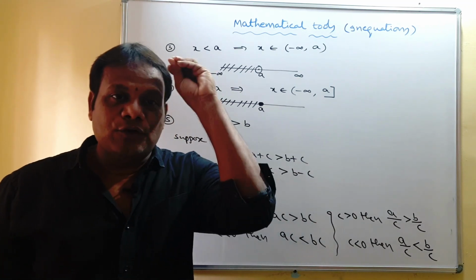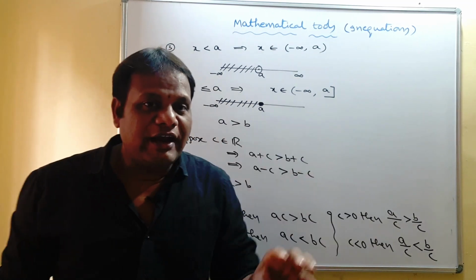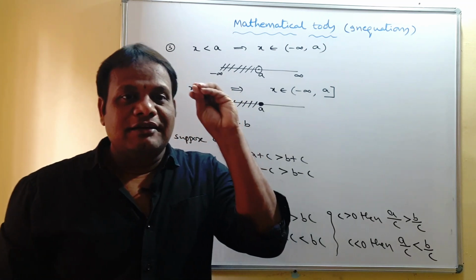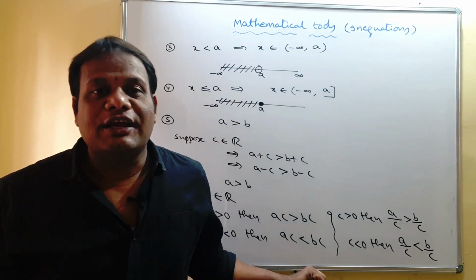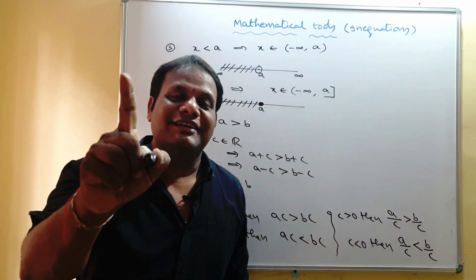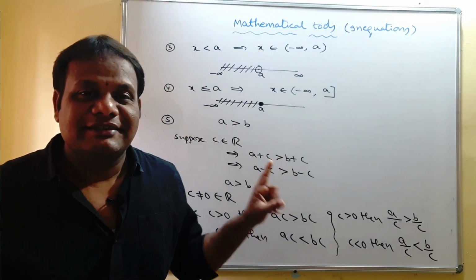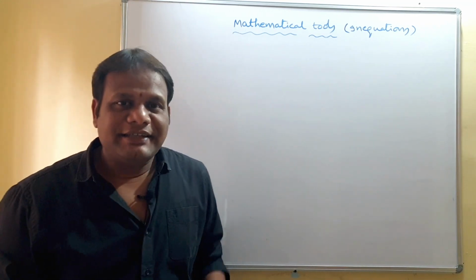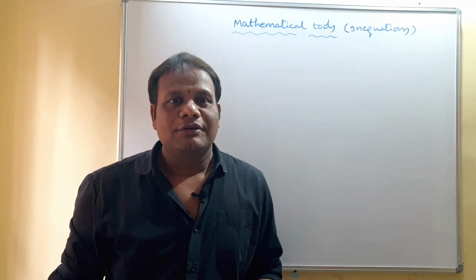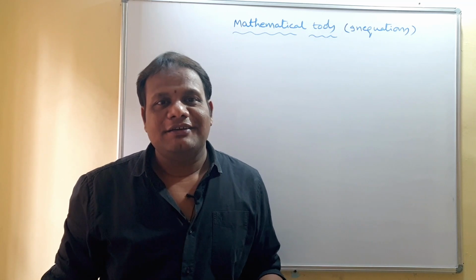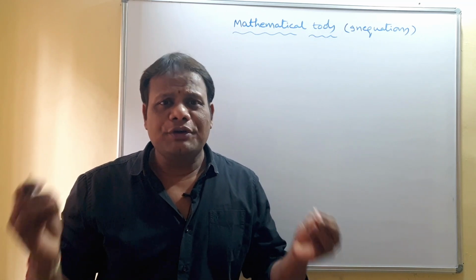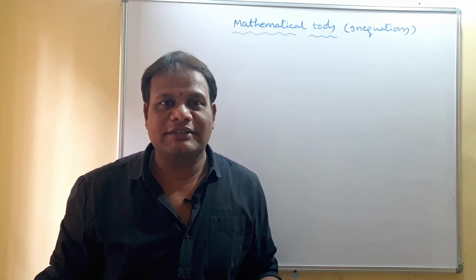But if you multiply or divide with a non-zero negative real number, then inequation sign changes. Is it clear?